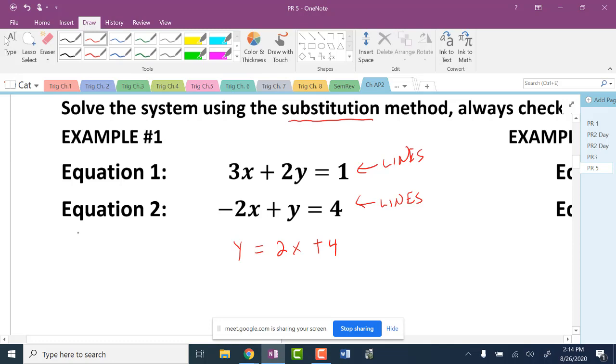Before I do that, you better remember this, and I should not have to teach this. This is a line with a slope of 2 and a y-intercept of 4. So if I were to graph this, and by the way, you're not supposed to graph when you're doing your homework, don't, I'm just showing you something. Rise 2, run 1. Here's the next point. Then we could do that forever.